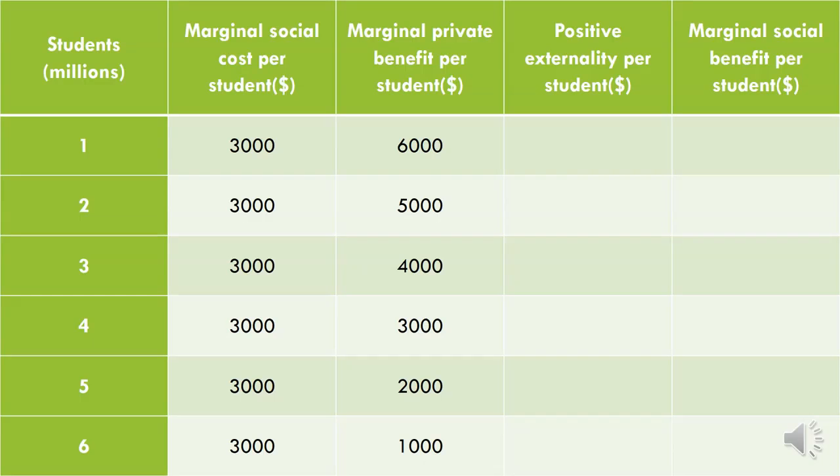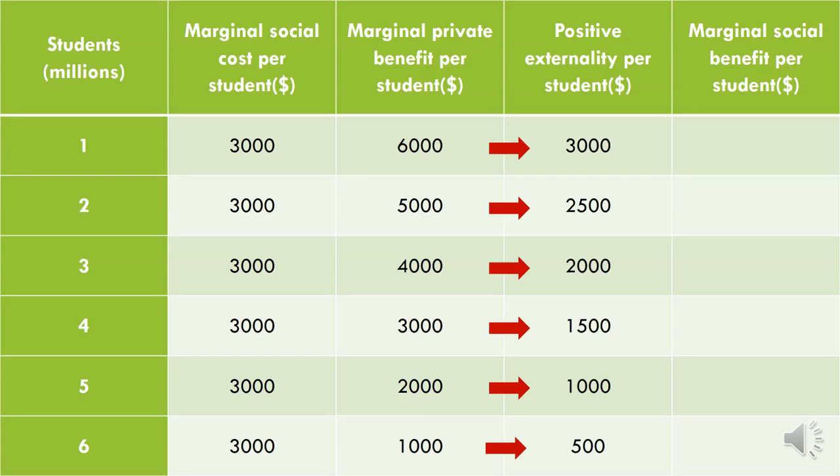So here we are. What we want to do is calculate the positive externality. So 50% of 6,000 for the first million, and 50% of $5,000 per student for the second million, and 50% of 4,000 for the third million, and so on.